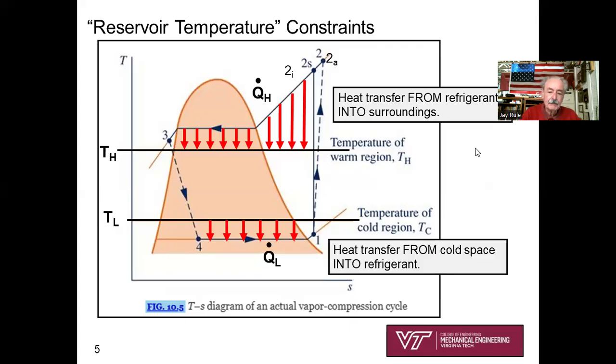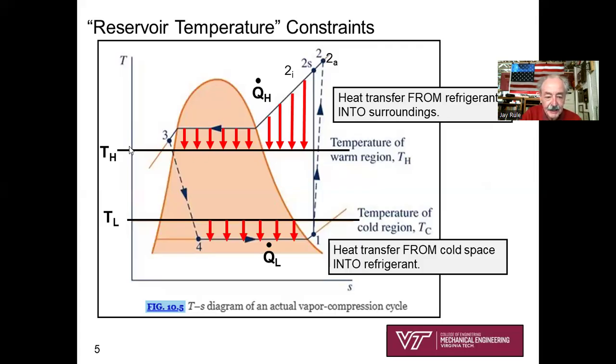Well, let's talk about the situation in the condenser. In the condenser, we've got to transfer heat from the refrigerant into the surroundings. This graphically shows that the only way we can transfer heat from the refrigerant into the surroundings is for the surroundings temperature TH to be a little lower than the refrigerant temperature.